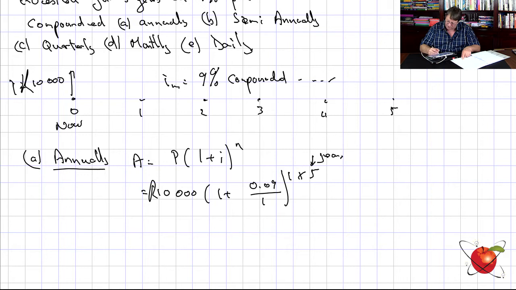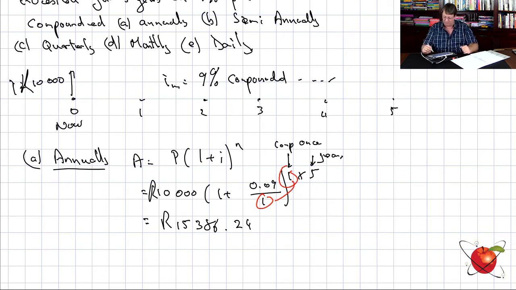That's 5 years, and that's compounded once, because it's annually. There, can you see? I'm going to do this every time. They're the same thing. 15,386.24.